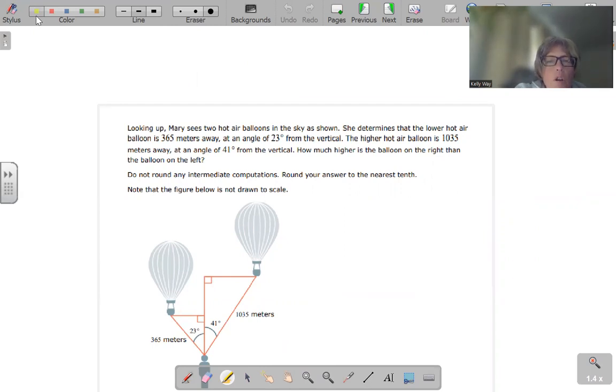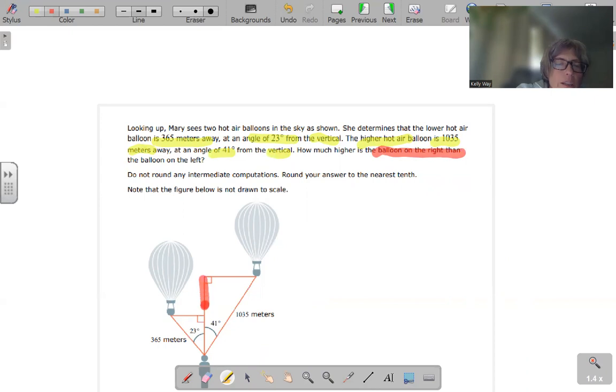She determines that the lower hot air balloon is 356 meters away at an angle of 23 degrees from the vertical. The higher is 1,035 meters away at an angle of 41 degrees from the vertical. How much higher is the balloon on the right compared to the balloon on the left?